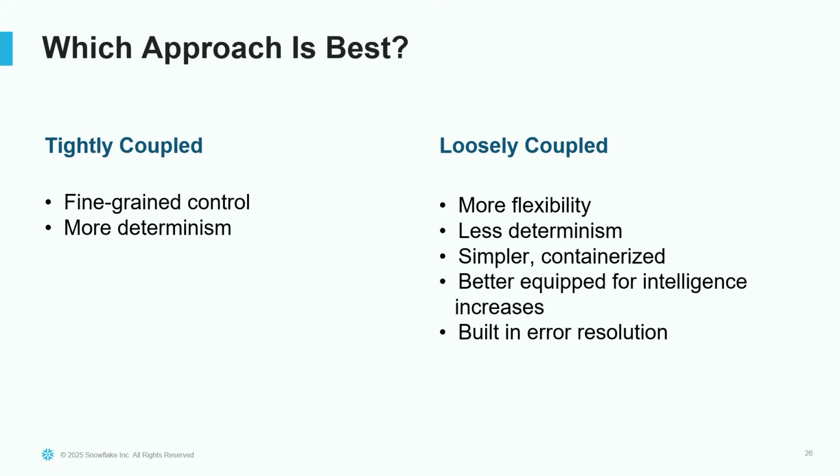This is also better equipped for future models. Anthropic just put out Claude 4, 10 days ago? And Claude 4 is essentially optimized for this exact use case, where you have a bunch of tools, you have an agent, and it's running over the course of 5, 10, 15 minutes to give you back an answer. And last but not least, I think a really important one to call out with the agentic approach is you get error resolution for free.